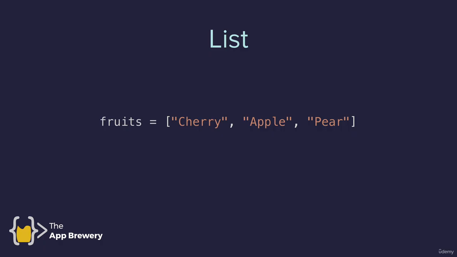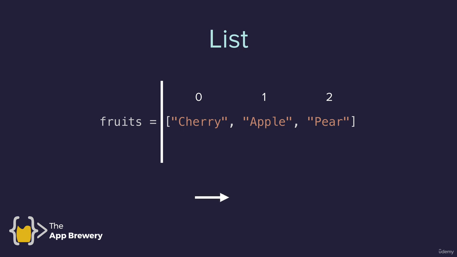This idea might seem a little bit weird at first. Why is the first item at position 0? But think about that index number, that 0, 1, or 2, not as the position, but as an offset or a shift from the start of the list. In this case, Cherry is right at the beginning of the list, so it has an offset of 0.